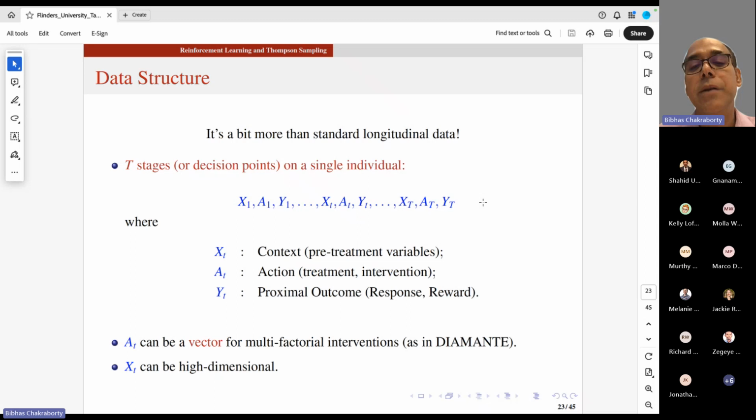YT is the proximal outcome, also called response or reward. And in case of multifactorial interventions, AT can be a vector, as in Diamante, because there was this motivational message, feedback message, time, etc. And then XT can be high dimensional. It can take a lot of variables in.